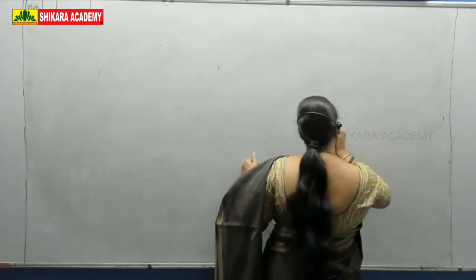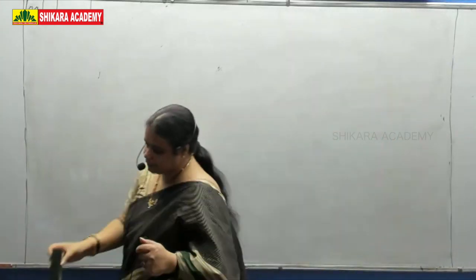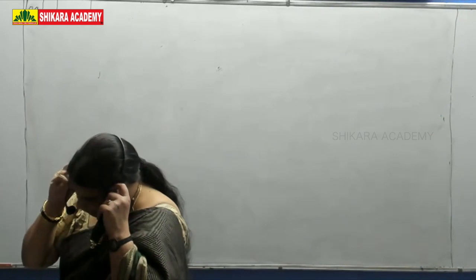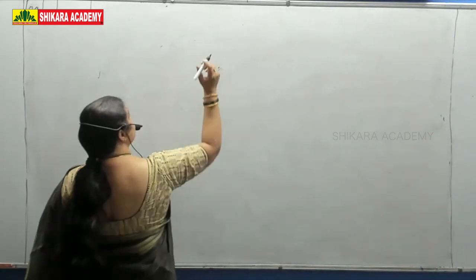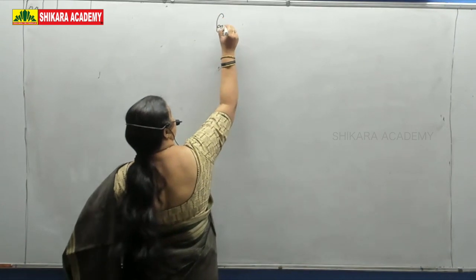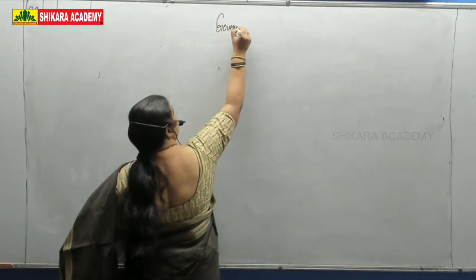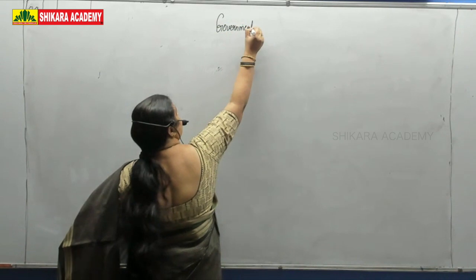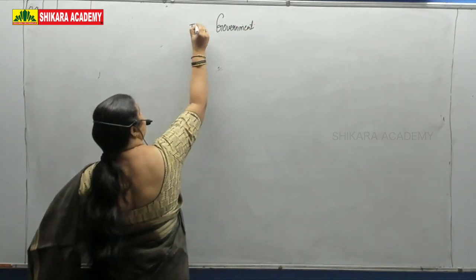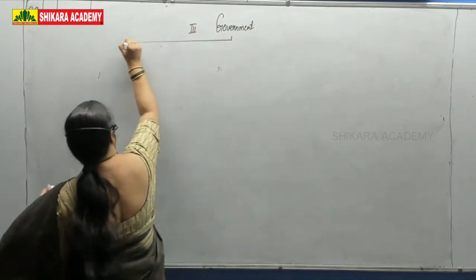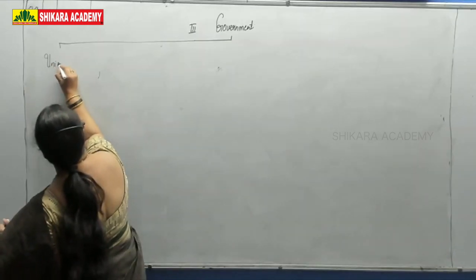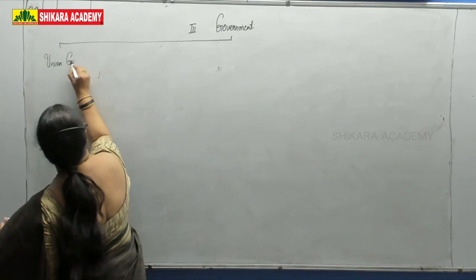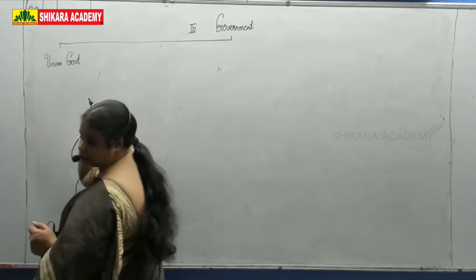Now, once we understand these, the next thing that we should understand is a very important part of our daily lives, that is government. So the third part that we are going to discuss is about government. Now watch this carefully. The first level of government in India is called the Government of India.